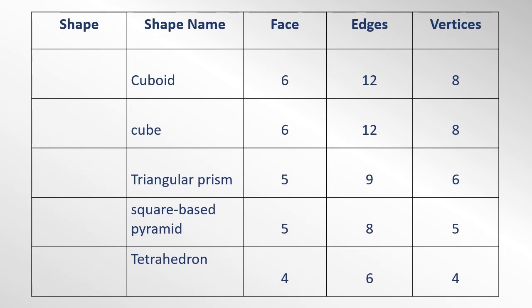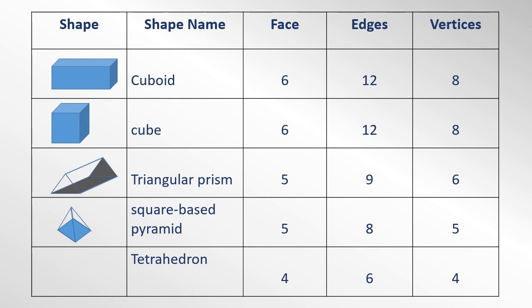Finally, we can study our table of 3D shapes with keen interest on their number of faces, edges, and vertices. Firstly, the cuboid and cube both have 6 faces, 12 edges, and 8 vertices. Triangular prism, on the other hand, has 5 faces, 9 edges, and 6 vertices.